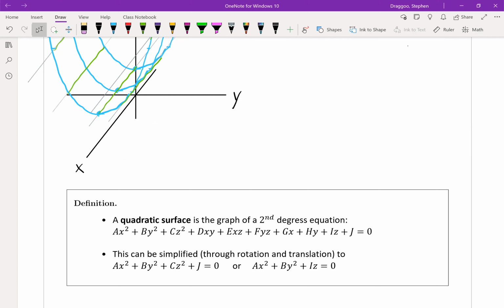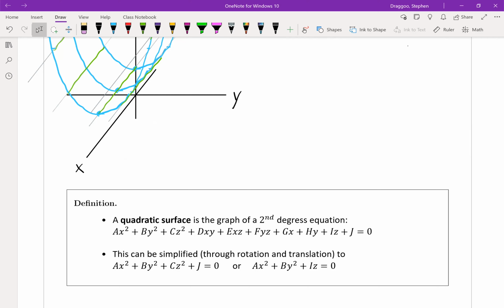As it turns out, the quadratic surface equation in 3 space gets kind of complicated since we have to use letters a through j. So we're going to look at simplifying those equations to just look at a series of about 6 graphs that are the set of 6 possible quadratic surfaces.